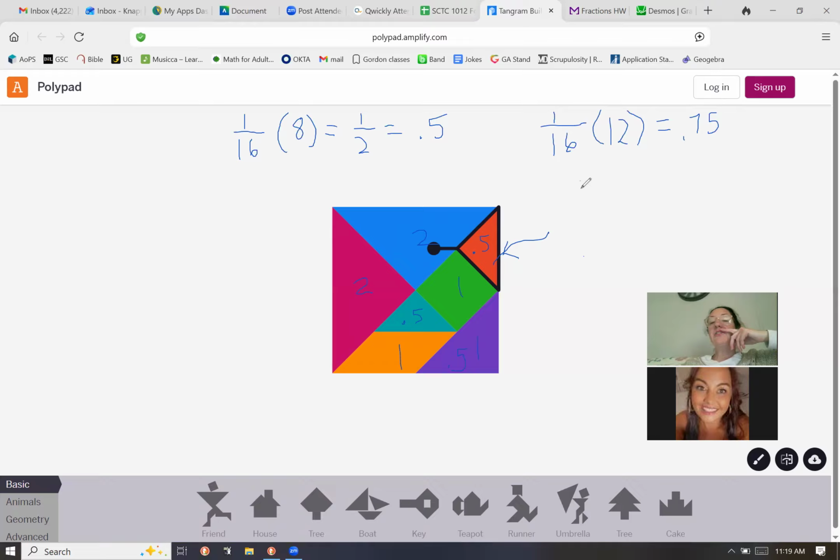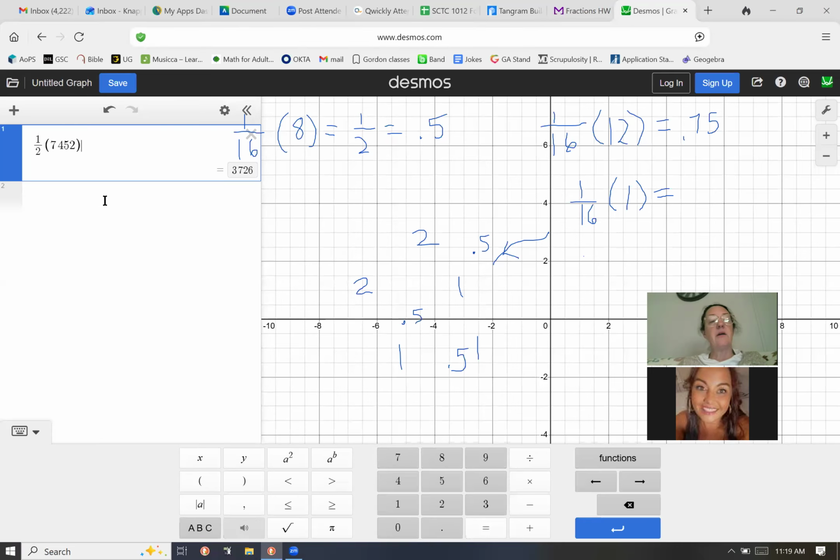And then on the last challenge, it's what if the whole entire thing is worth $1? So you can take a 16th of $1. Which is, if we go into Desmos and take 1 divided by 16 is 0.0625.